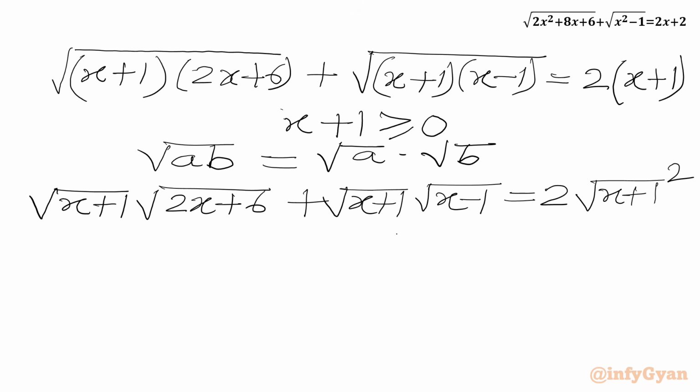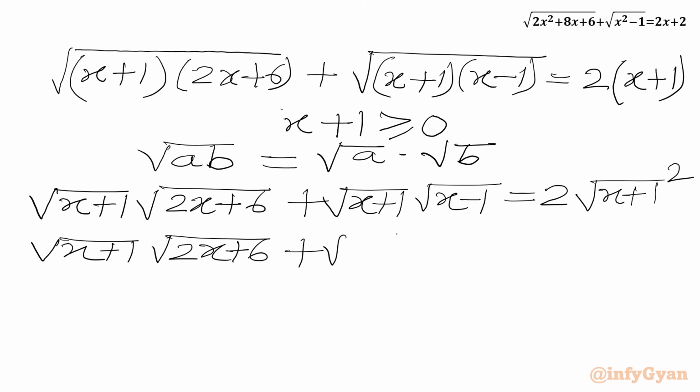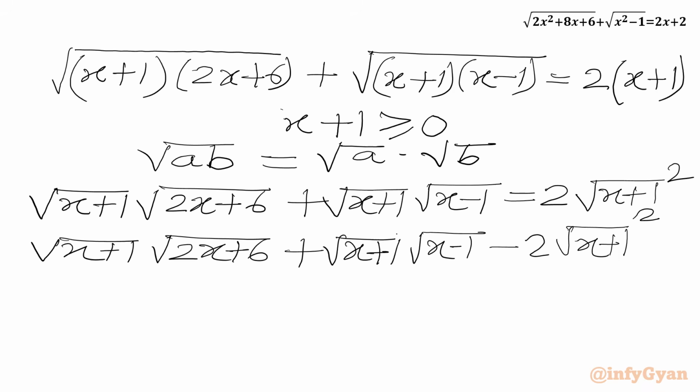Now we will take all the terms to LHS. We will write square root x plus 1 times square root 2x plus 6 plus square root x plus 1 times square root x minus 1 minus 2 times square root x plus 1 whole square equal to 0.